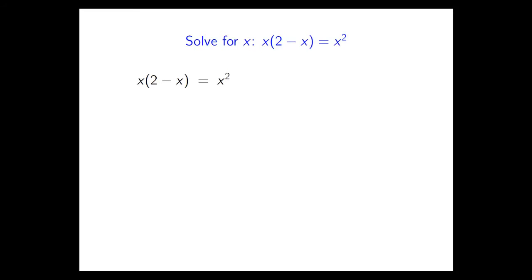Well, a good way to tackle a problem like this is to recognise that there's a common factor of x in the left and the right hand side. So we may as well divide both sides by x to make our job easier. So now we have that 2 minus x equals x. Rearranging that, putting the x's together, eventually produces the answer x equals 1.